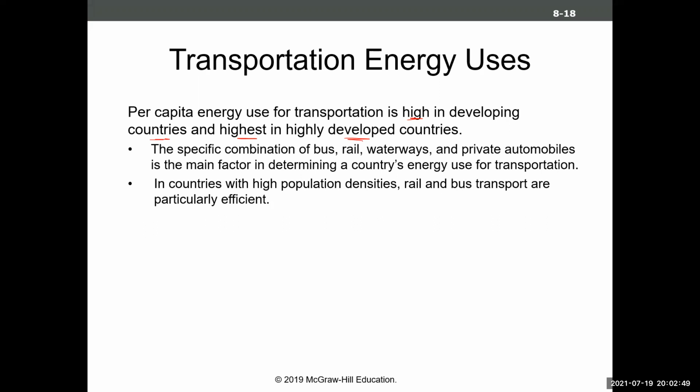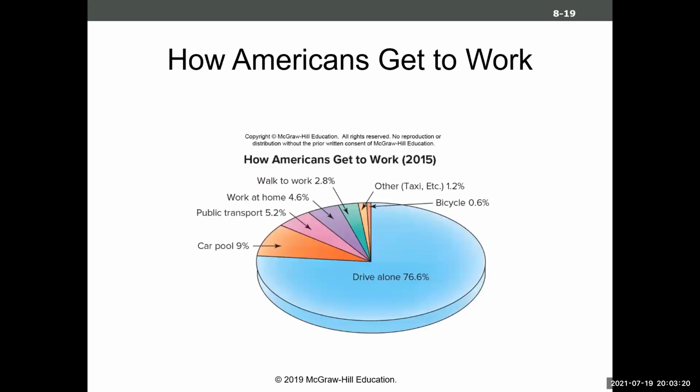And when you also combine that with public transportation, so buses, railways, waterways, those developed countries are using a lot in terms of transportation energy. Countries with high population densities, the rail and bus, so basically your public transportation, is pretty efficient. You generally see those in your larger cities, much more efficient than everybody driving a single vehicle. But in the United States, that's not really the case.